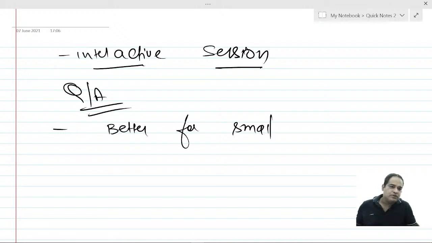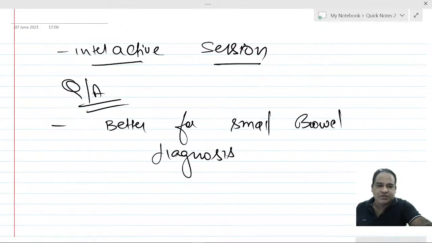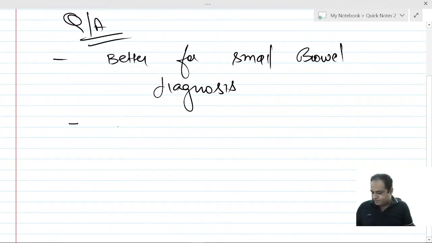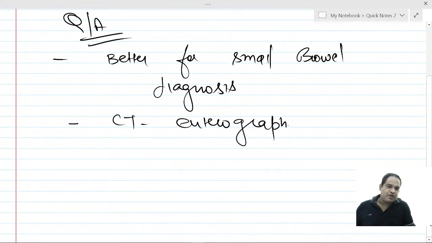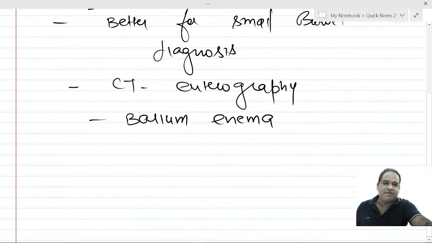The options he gave are CT enterography and the second is barium enema.